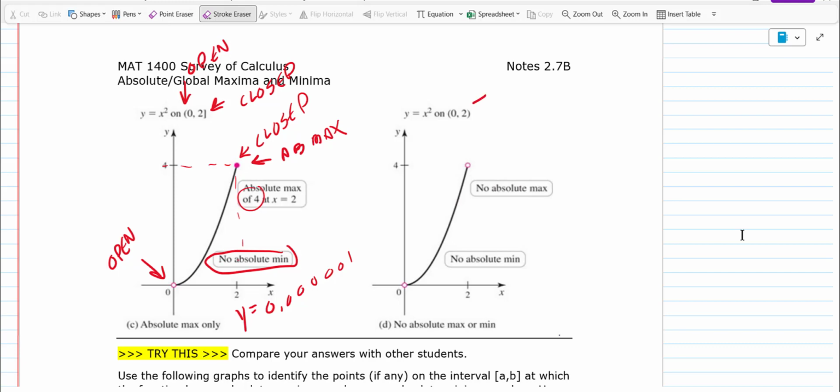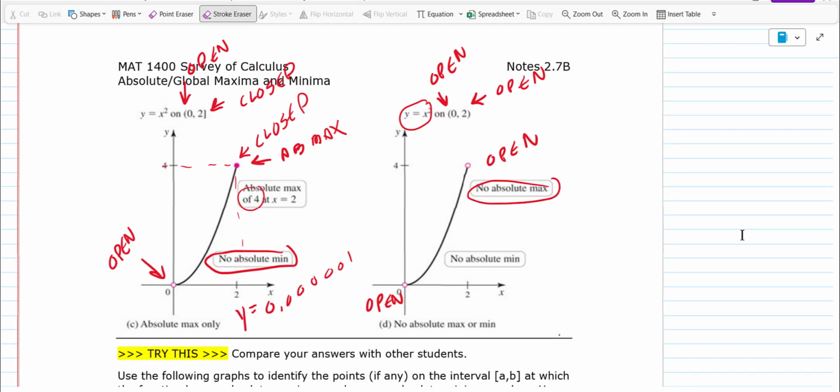Okay, what happens on this last example is both are open. So again, we're just graphing the quadratic function y equals x squared from 0 to 2, but we're open at 0 and we're open at 2. So what that would mean is there is no absolute max because this graph never reaches 4.